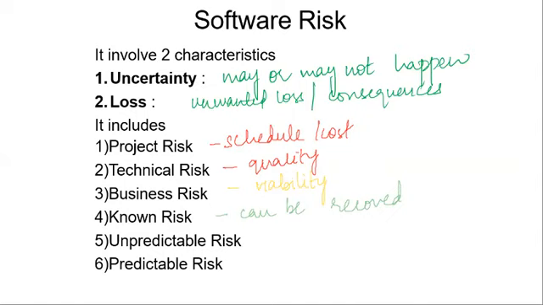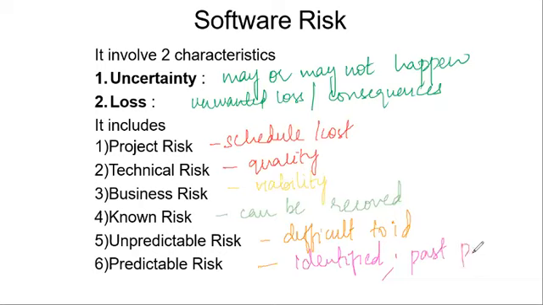Unpredictable risk means risks that can occur and are very difficult to identify. Whereas predictable risks are the risks that can be easily identified. How can these be identified? By studying your past projects, that is, from the experience of past projects. So these are the software risks.